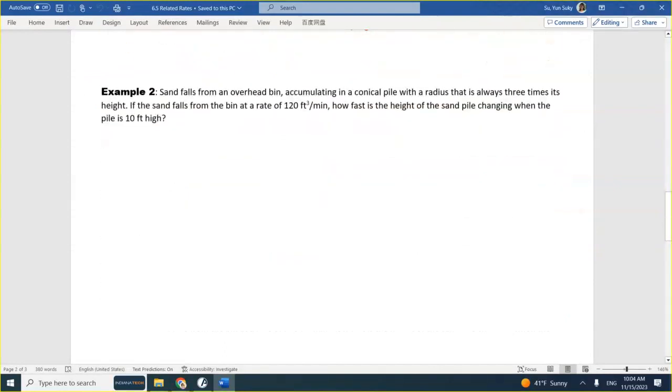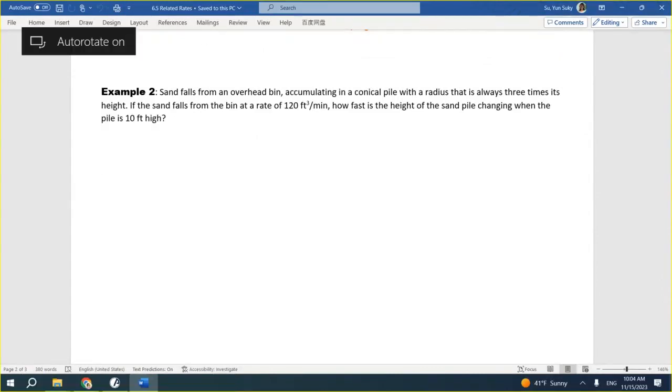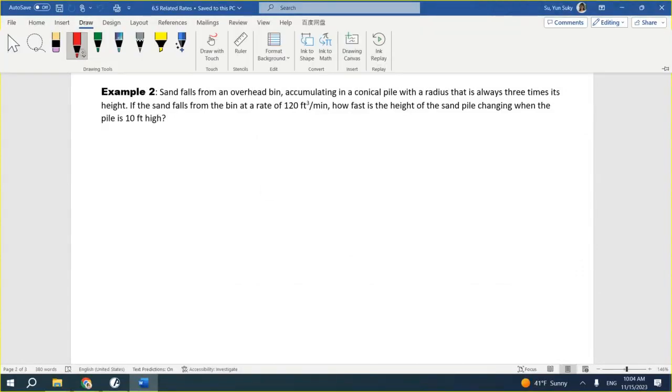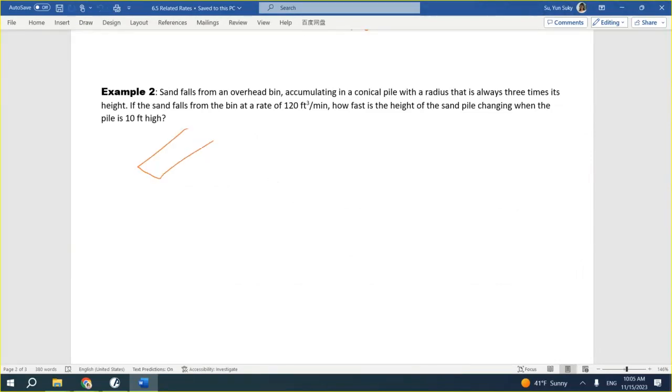So example 2, we have sand falls from an overhead bin accumulating in a conical pile with a radius that is always 3 times its height. So let's draw some picture. We have an overhead bin and sand accumulates and forms a cone.